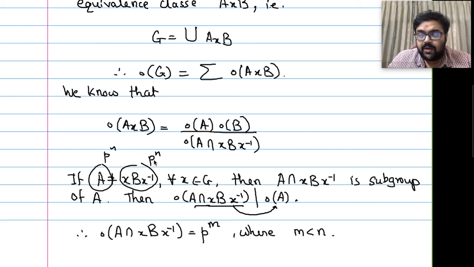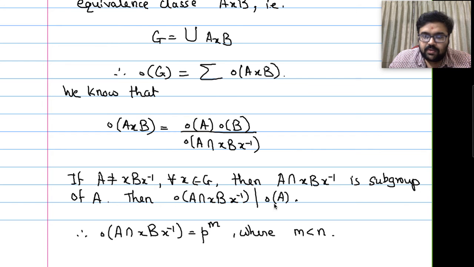So both have p power n elements, and so they must be equal, but we assumed that they are not equal, right? If it is equal to A, the order is p power n, where m equals n. But if it is equal to A, that means A equals xBx inverse for some x, right? So it is not possible for all x.